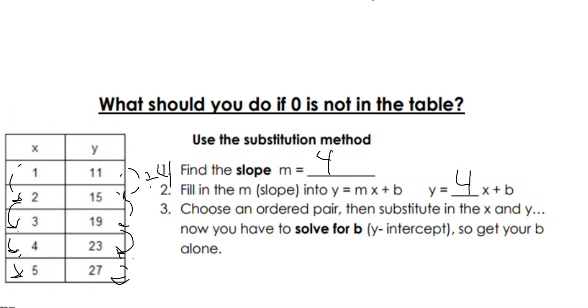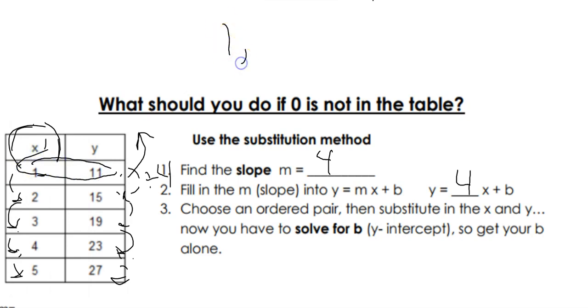I've got to find b, but it's not listed over here. If you want, you could work backwards and subtract 4 here, and you can find it that way, but we're going to use the substitution method here to find it. So what I'm going to do is choose an ordered pair. I'm going to choose (1, 11).